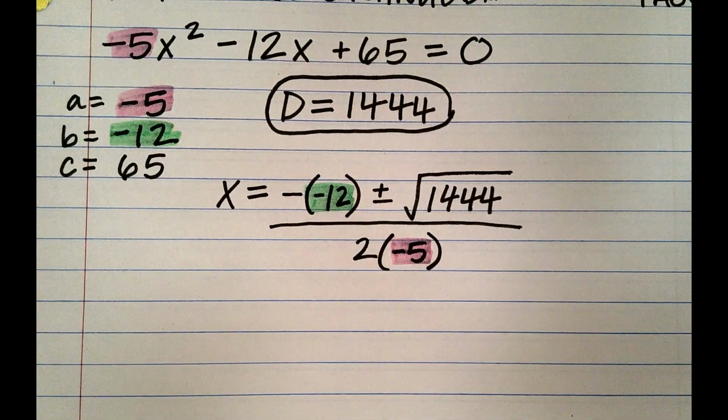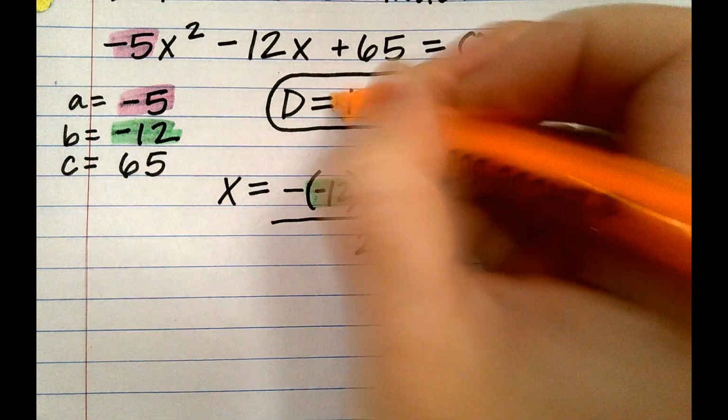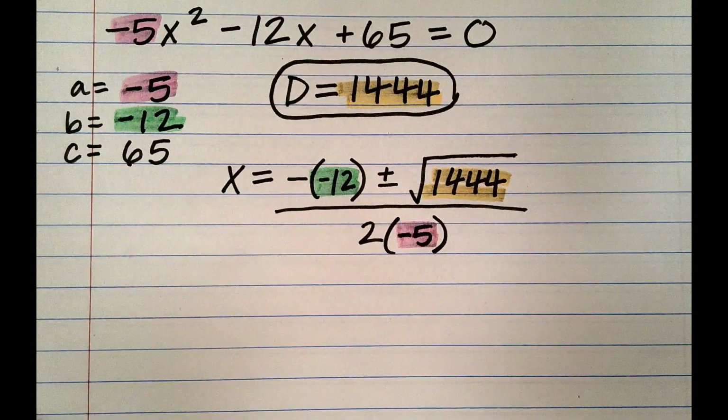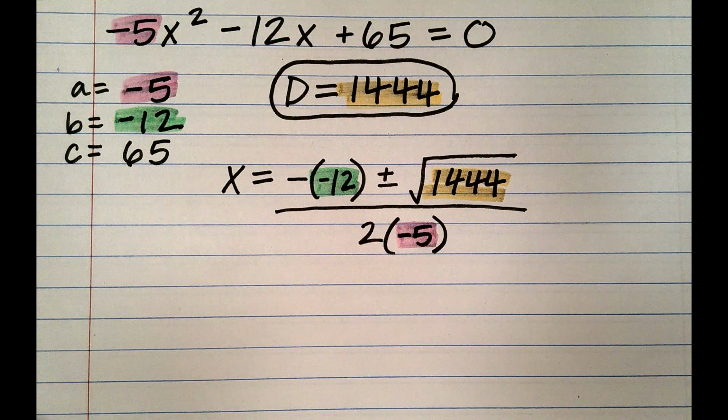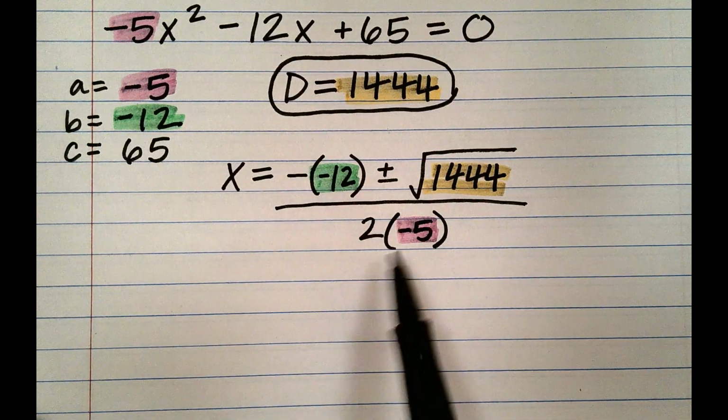Once we have things all plugged in, I could make the discriminant another color like orange. So we plug 3 numbers in. And now we're going to simplify each individual step.